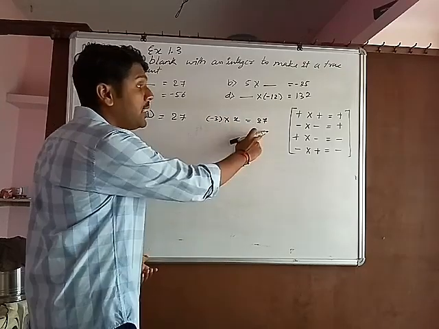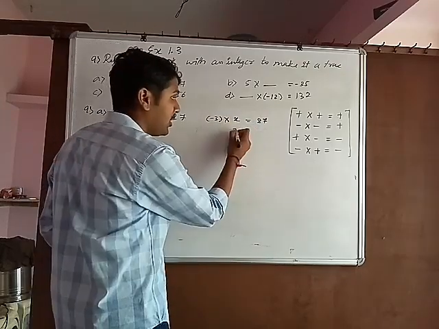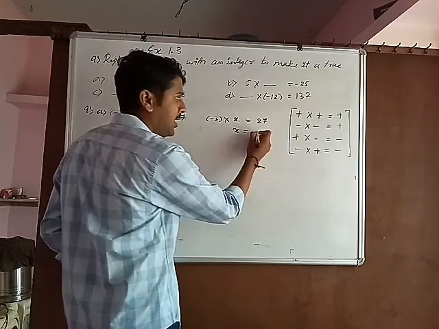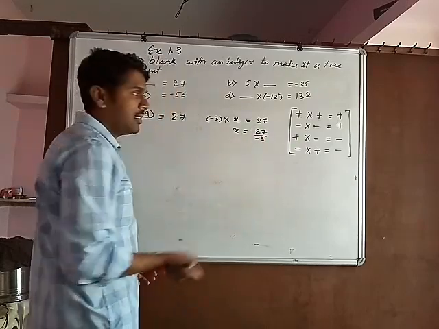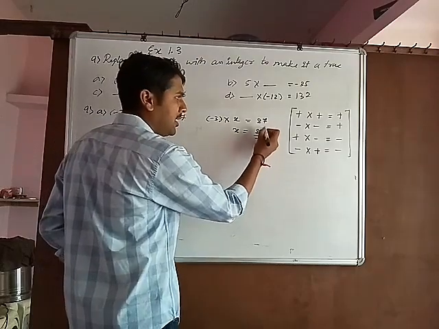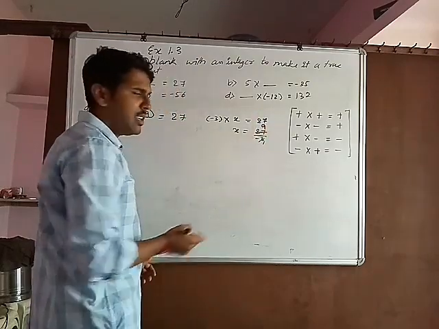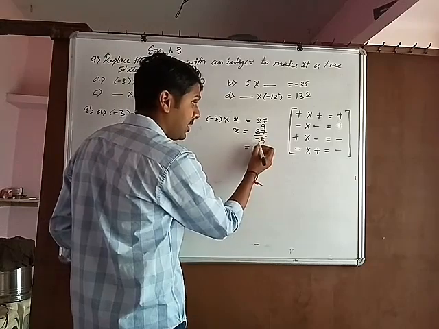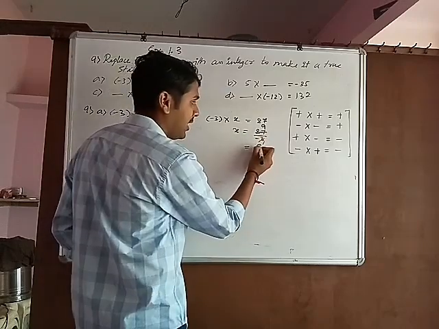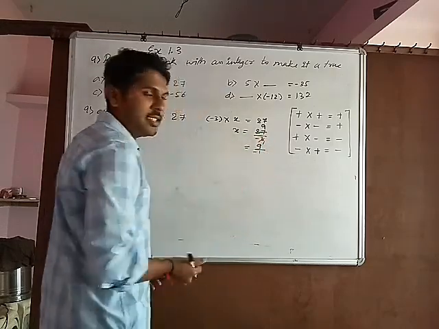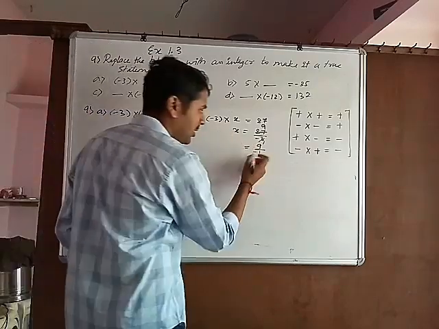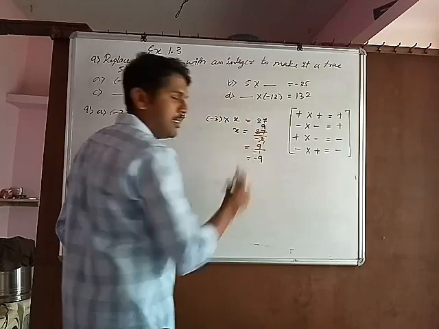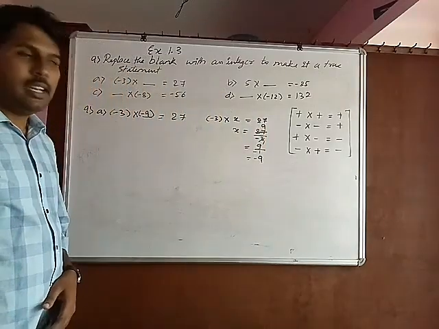It goes to denominator. So x equals 27 by minus 3. 3 nines are 27. 9 by minus 1 means you will get the answer in minus. So minus 9. Answer is minus 9.